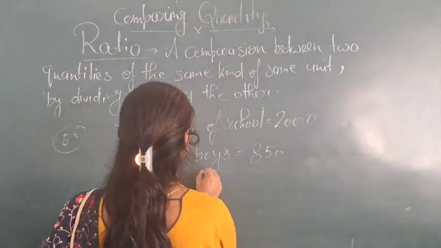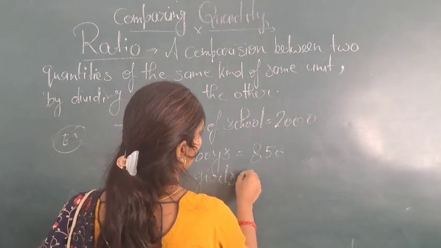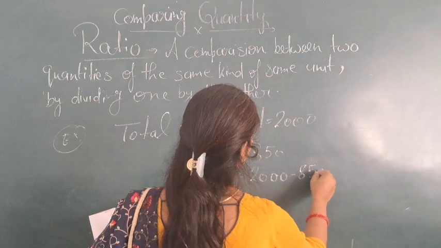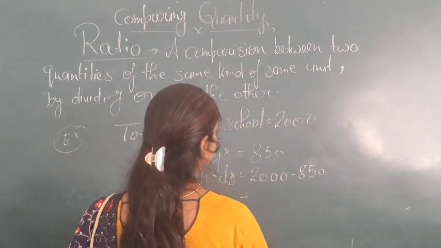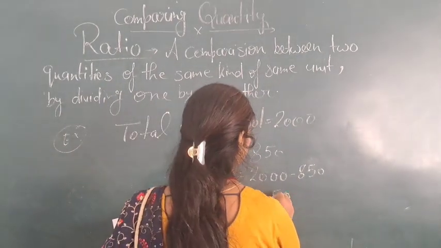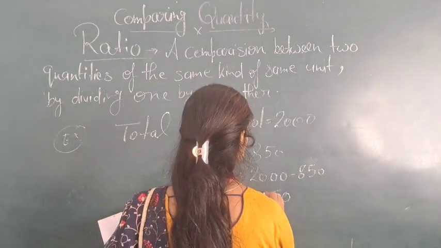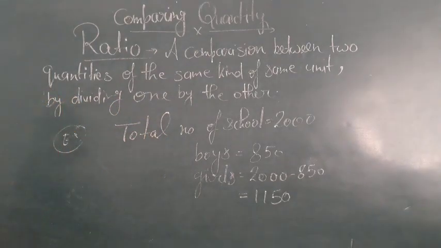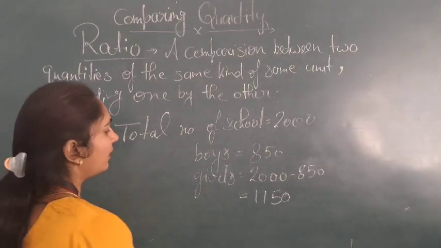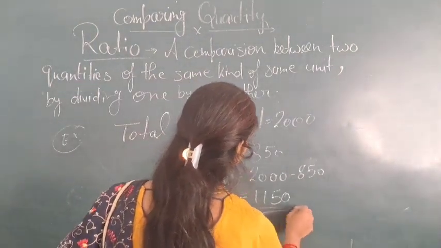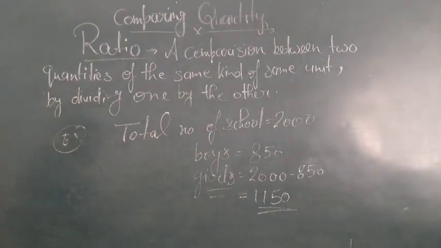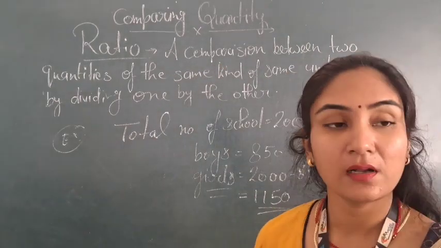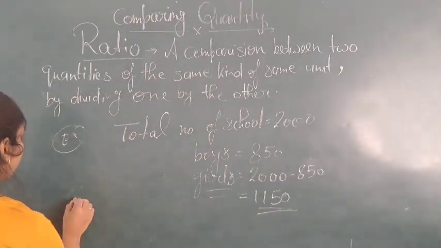How many girls will there be? 2000 minus 850, subtract it: 1150. There are 1150 girls. Now find the ratio of the number of girls to the number of boys.